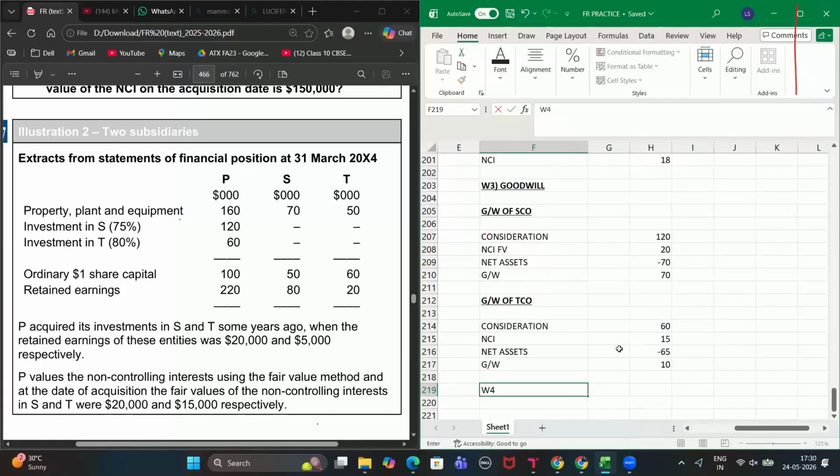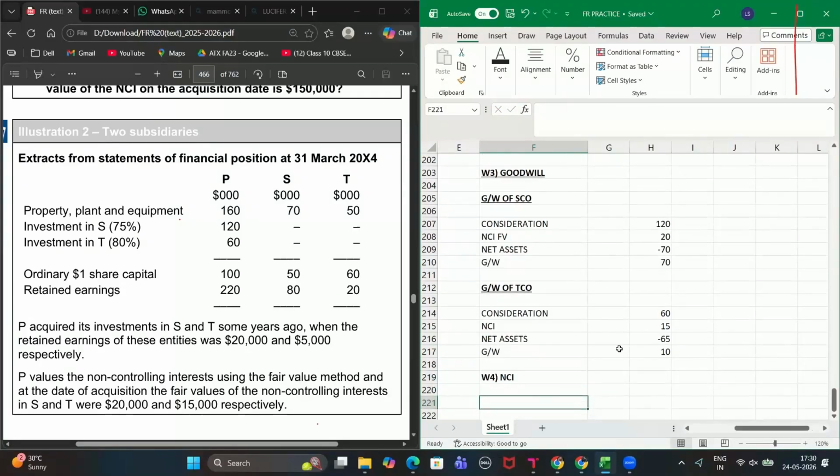Now coming on to working four. How do we calculate NCI? For NCI calculation, we have the fair value of NCI. We have both cases, S company and T company. What is the fair value of NCI for S company? 20, right?